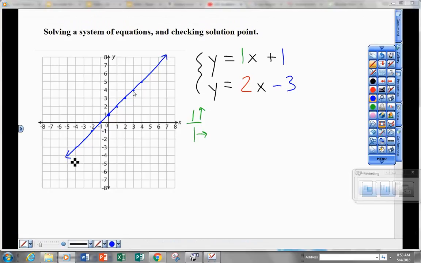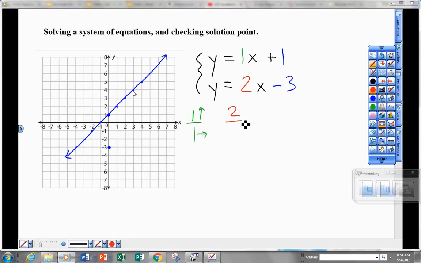Then I need to graph the second equation. The second equation has a y-intercept of negative 3. So I put that first point on negative 3 on the y-axis. From there, I look at that number in front of x, which is 2.